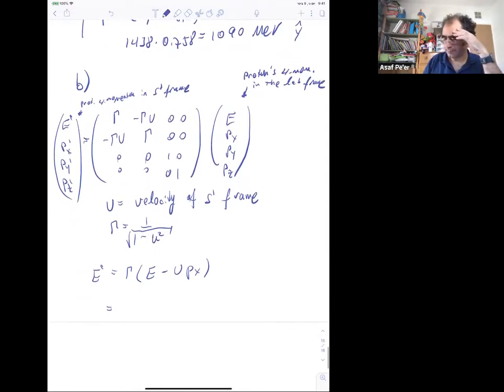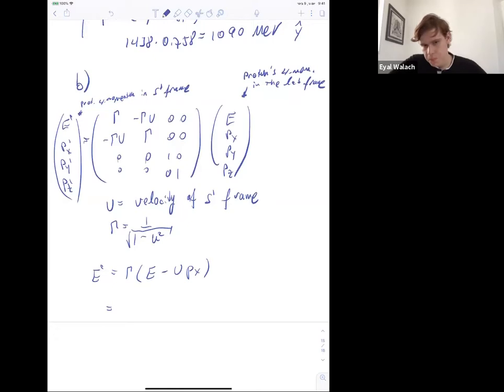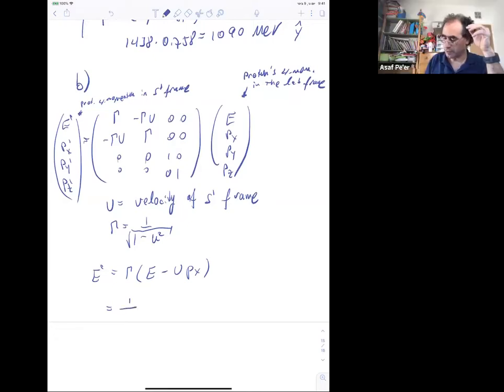So Px is 0. And what is Gamma? Five-thirds. Not bad. Square root of 1 minus 0.8 squared, indeed, 5/3.